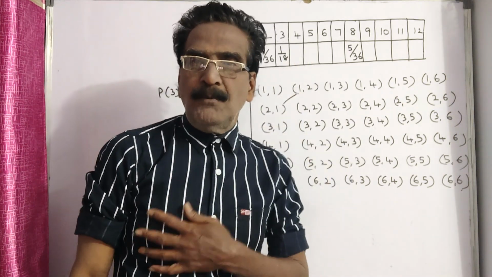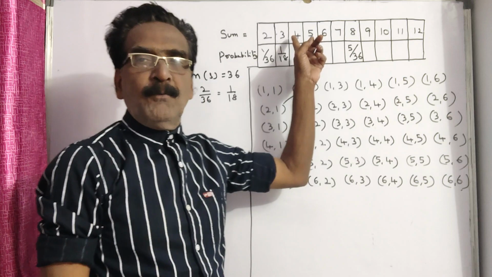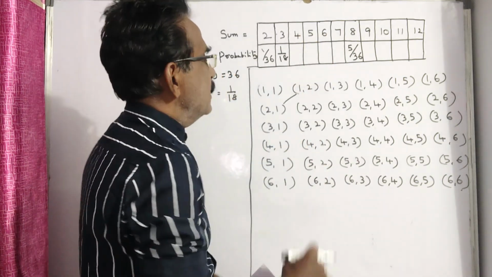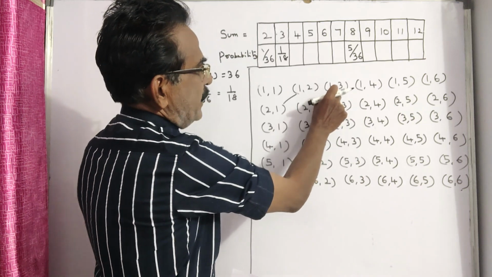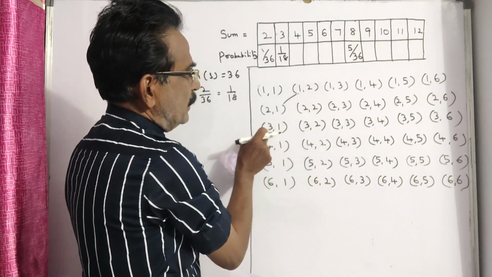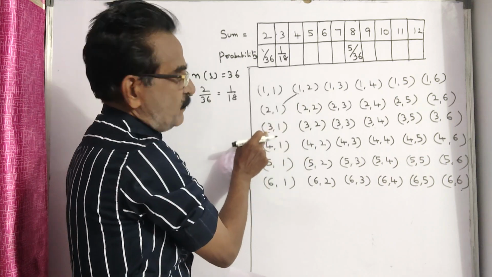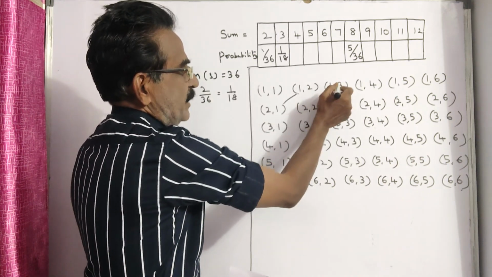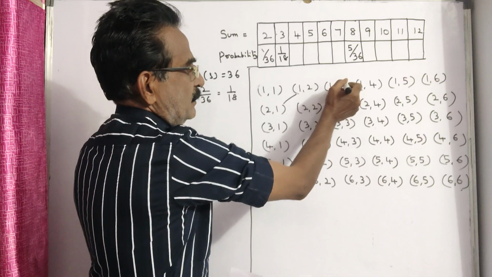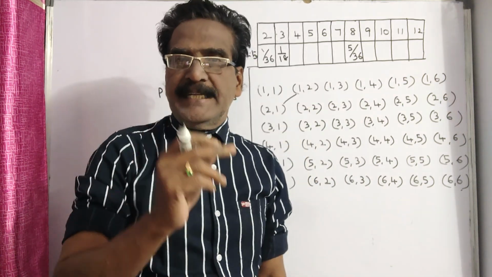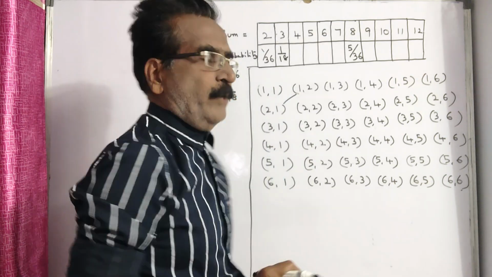Next, the probability of the event to get the sum 4 on the two dice: 1 plus 3, 2 plus 2, 3 plus 1. So three outcomes are favorable for getting the sum 4 on the two dice.